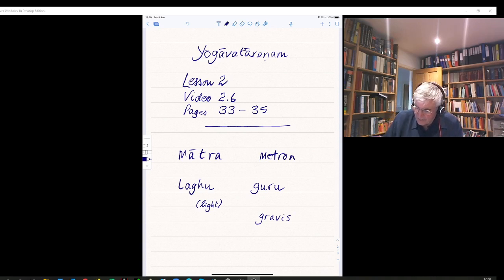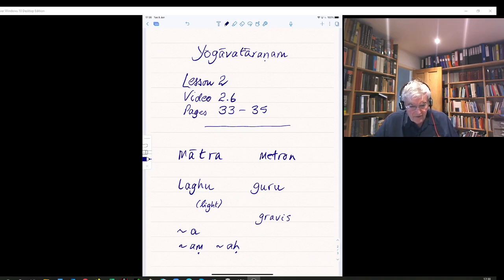That means that a word ending just in a short a, that would be a light syllable, whereas if it's ā at the end or aḥ at the end, that counts as a guru, as a heavy syllable. So for each meter, there is a unique pattern of light and heavy syllables that makes it recognizable.